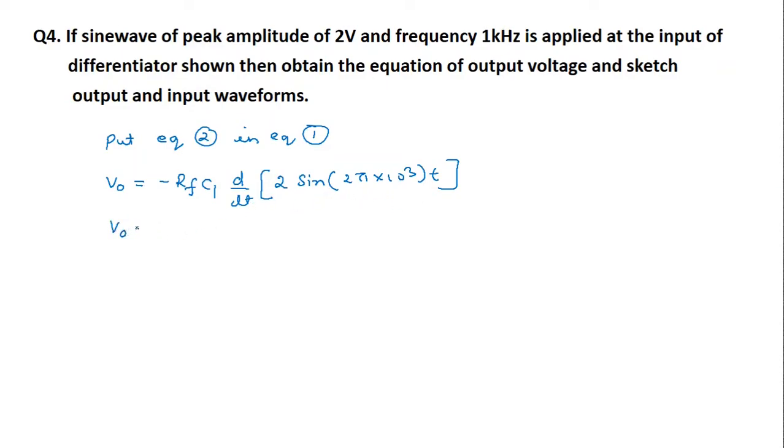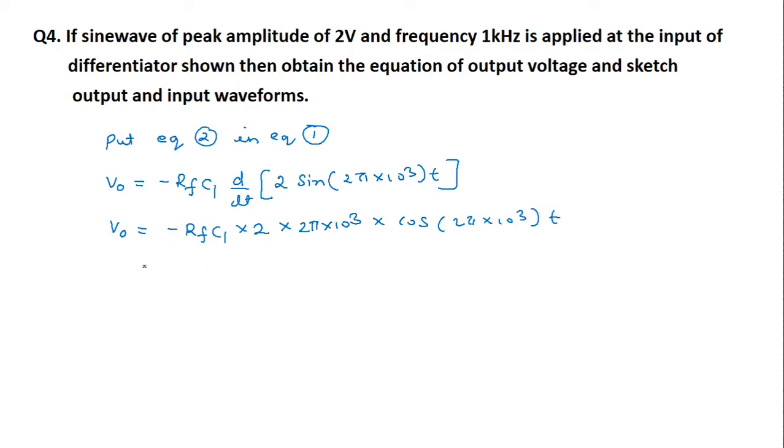We get V0 is equal to minus RF into C1 into 2, since 2 is a constant, into 2 pi into 10 to the power 3 into cos, because the differentiation of sine is cos. So cos of 2 pi into 10 to the power 3 t. This is the equation we are getting.